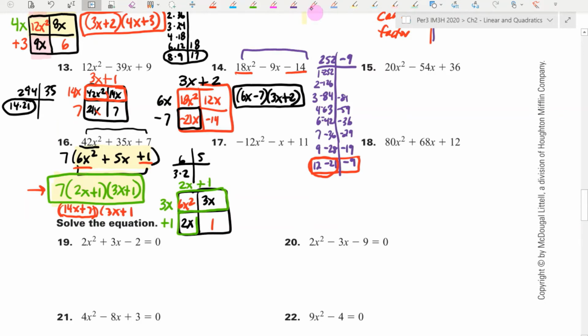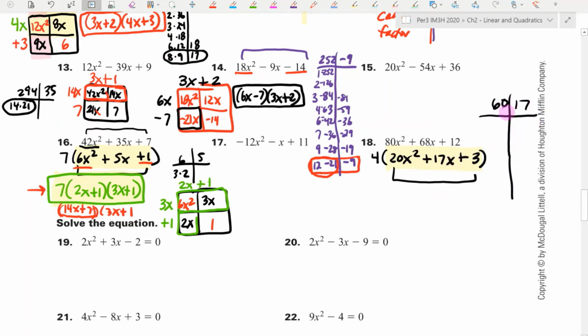For number 18, all of these numbers, 4 can go into all of them. You should factor out a 4 first. That's 20x squared plus 17x plus 3. Then we're going to factor the inside. So that will be a 60 to get 17.